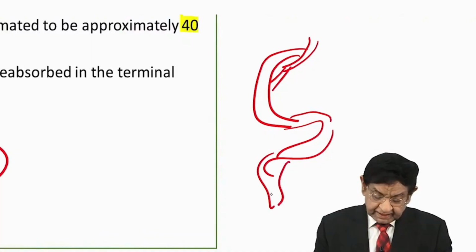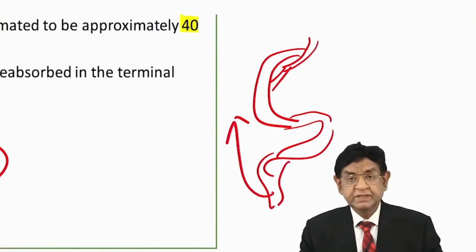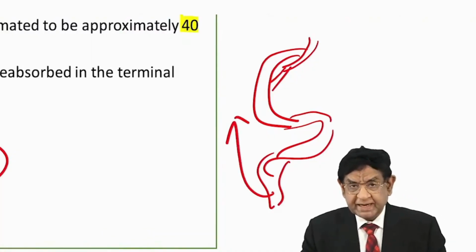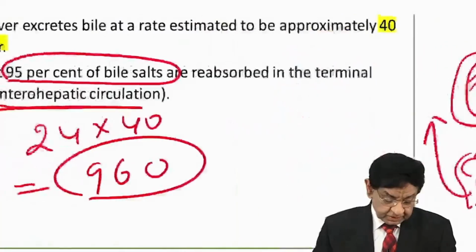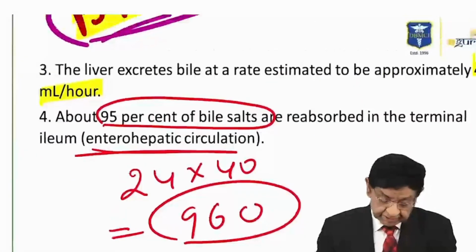In the terminal ileum it is reabsorbed, and again comes back to the liver. This is the so-called enterohepatic circulation.